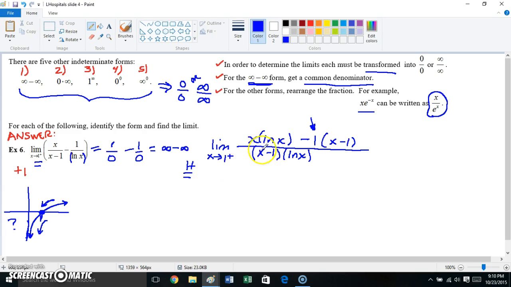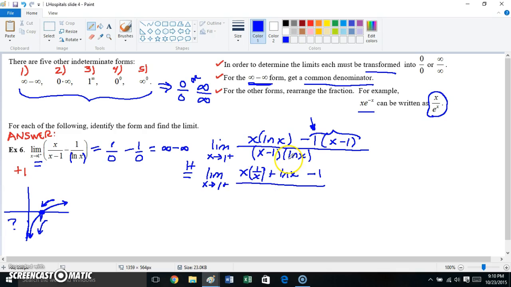So the derivative of the numerator, I'm going to have to use the product rule. So x times 1 over x plus natural log of x times 1 minus 1. The derivative of all of this is just negative 1 over the derivative of the denominator.